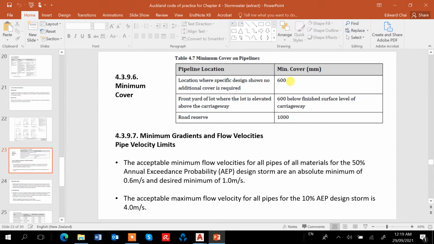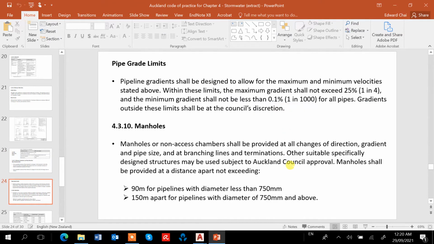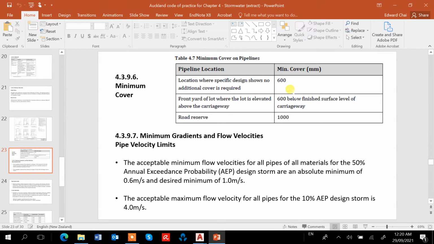Okay, well it's just 1,000 or where specific design shows no additional cover is required. About 600 again, minimum 600. So we need to make sure that at all times the pipe is at least 600 below the surface.